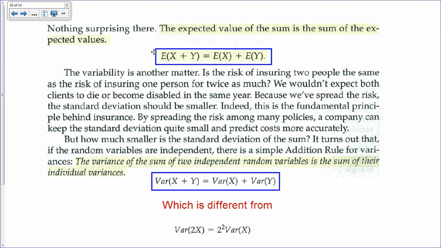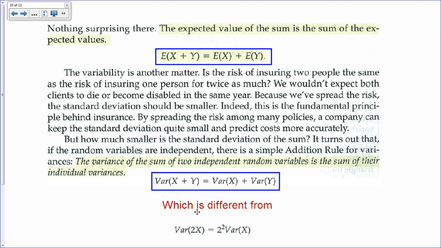Now that follows our intuition. The standard deviation, on the other hand, does not follow your intuition. You don't add the standard deviations. But it is true that you add the variances. So if you take the variance from one variable and add it to the variance on the other variable, those will add together, which is different from doubling one variable.